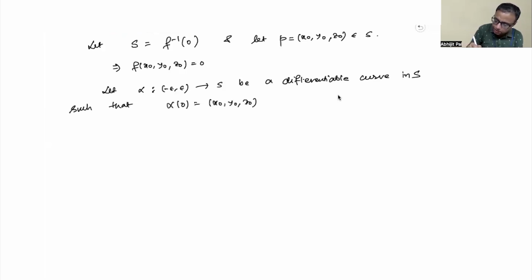Because this alpha lies in S, we also have f of alpha t equal to 0. So f of alpha t is equal to 0, and now if I take the differential of f, then what I'll get is the following.